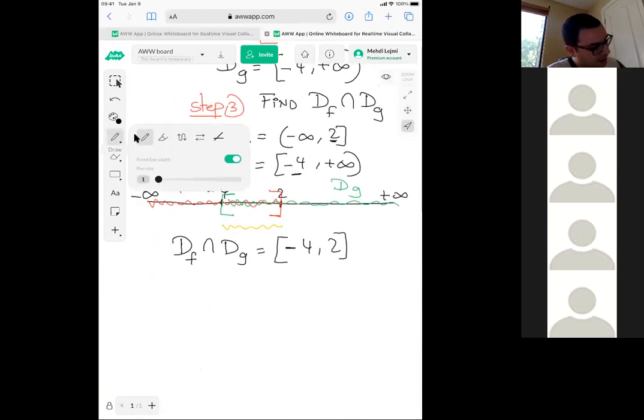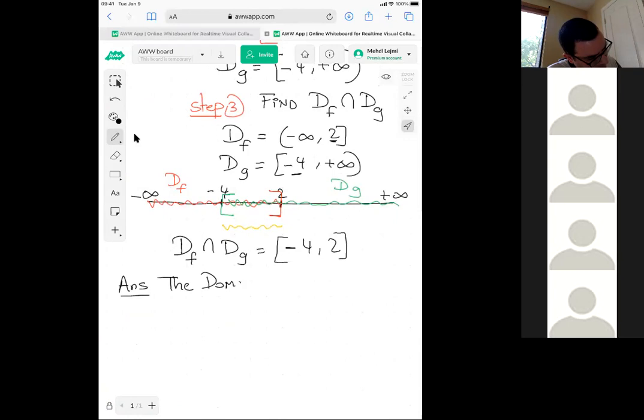So here's my answer. The domain of f plus g, f minus g, f times g is the intersection domain. So it's -4, +2.